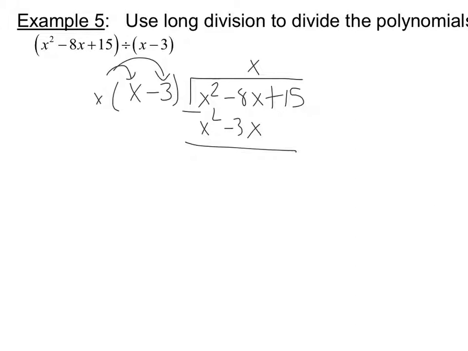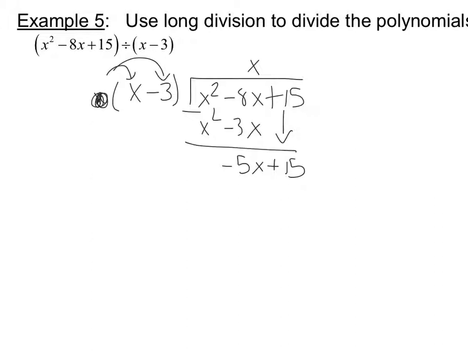Now here are where the common mistakes are made. X squared minus x squared is 0. Negative 8 minus negative 3. Okay, you got to go negative 8 minus the negative 3. So this would be negative 8 plus 3. So it's negative 5x. Bring down the 15. Cross this off.